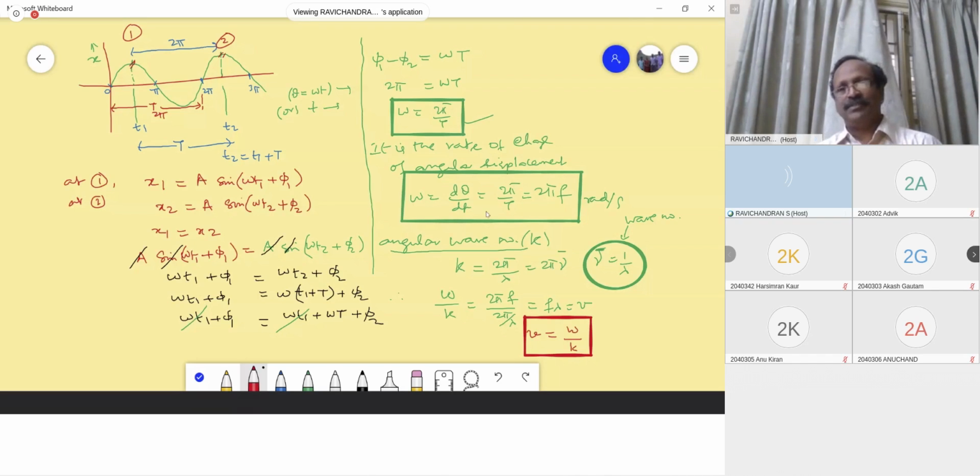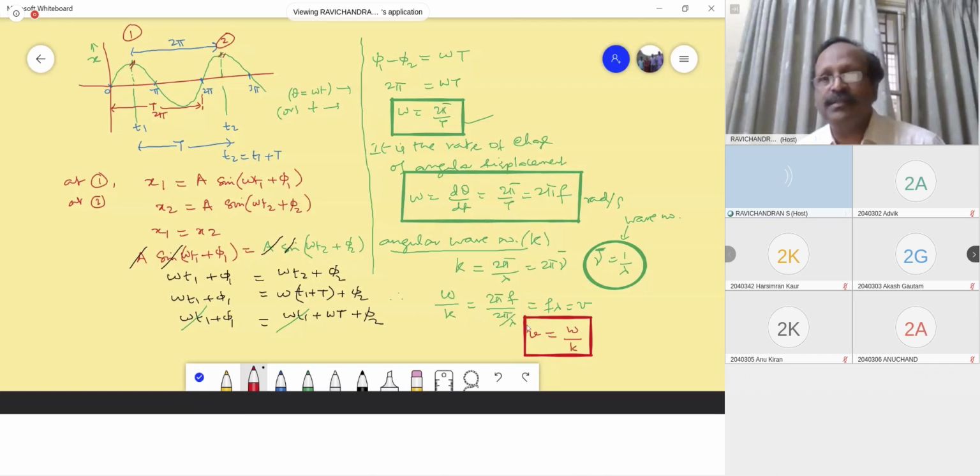The velocity can be given in terms of the angular frequency and the propagation constant. This is propagation constant, or I can call it angular wave number. Anything I can use. I can write the equation in terms of k also.